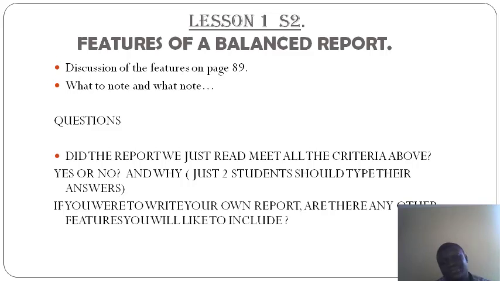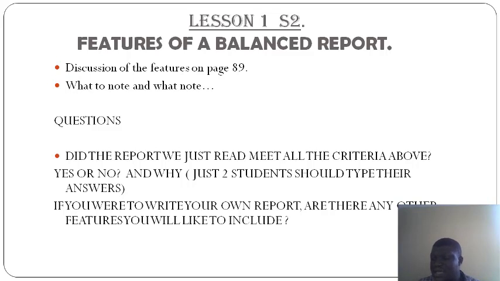Yes or no, and why? What are the features you see above? Did this report meet all the features that we can see above? I just need 2 people to give me answers to this.